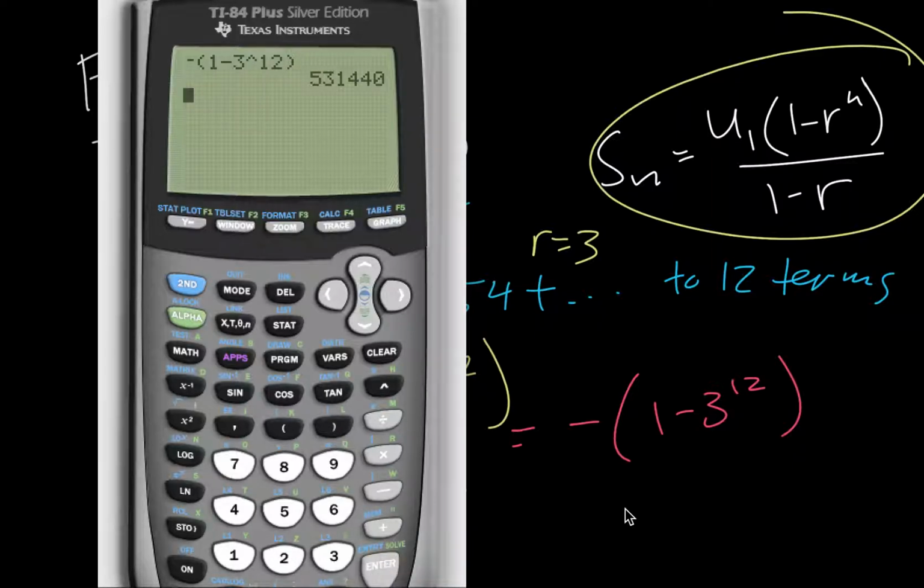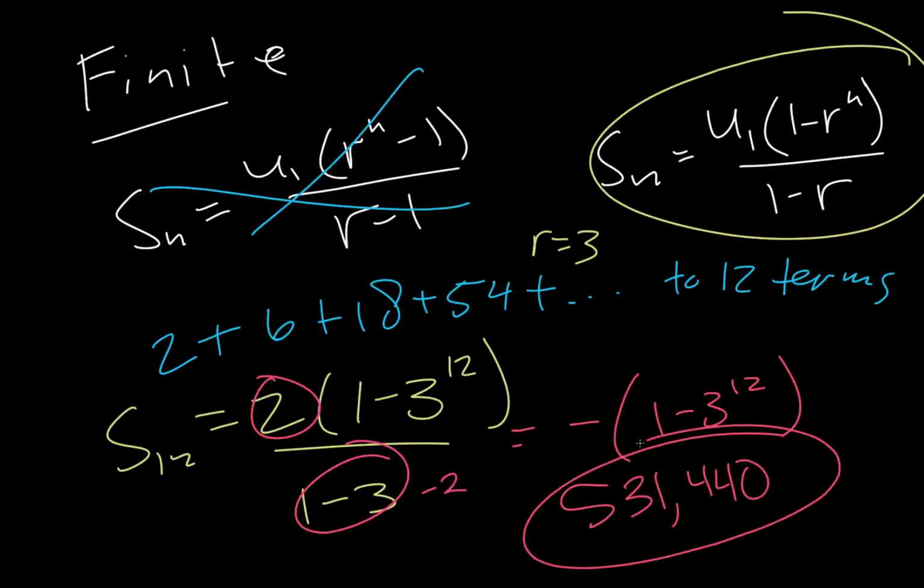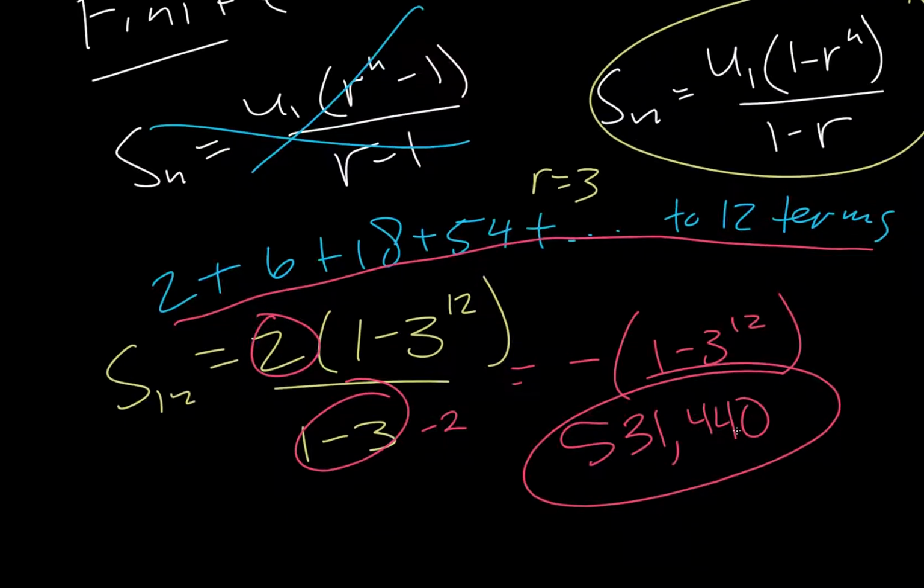And we get a pretty big number, 531,440. So if we added the first 12 terms of that sequence, so that makes it a series, we'd already get this high. So we see how fast that one is growing.